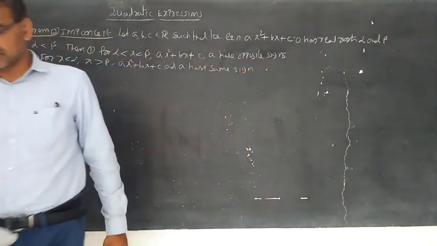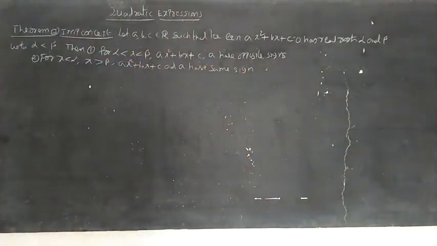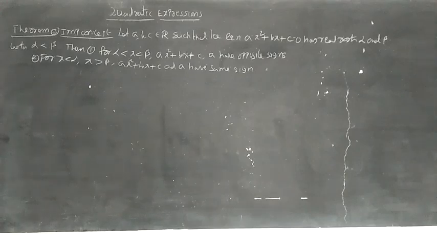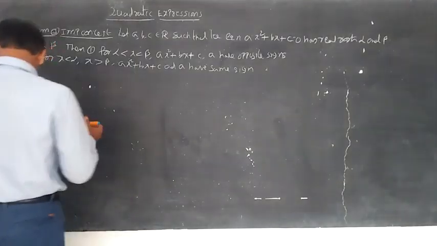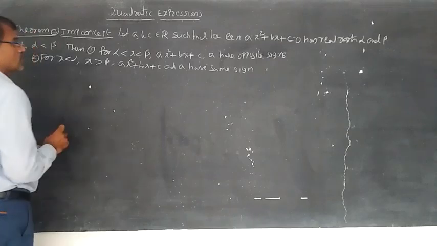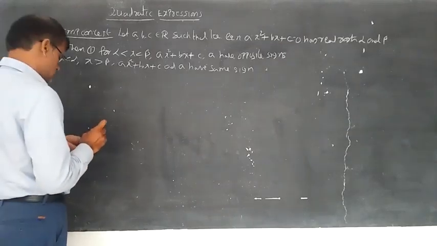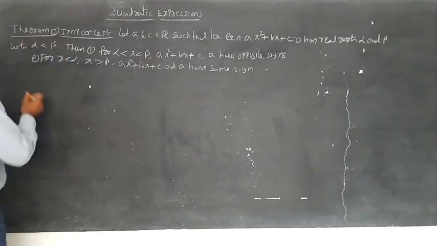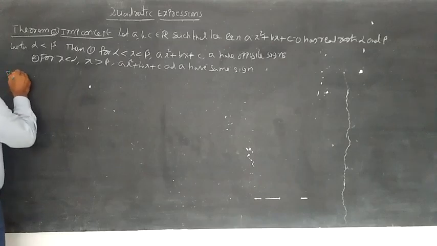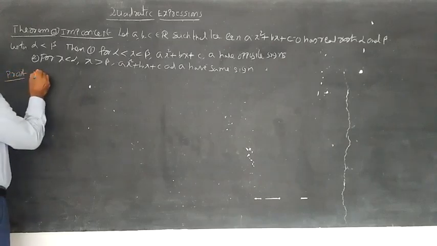This is the statement of the theorem. Here, ax square plus bx plus c and a have opposite sign and same sign concept. Let us discuss the theorem, which depends upon the quadratic equation.